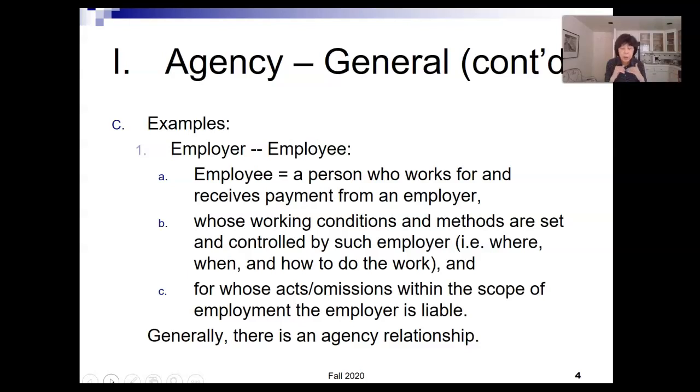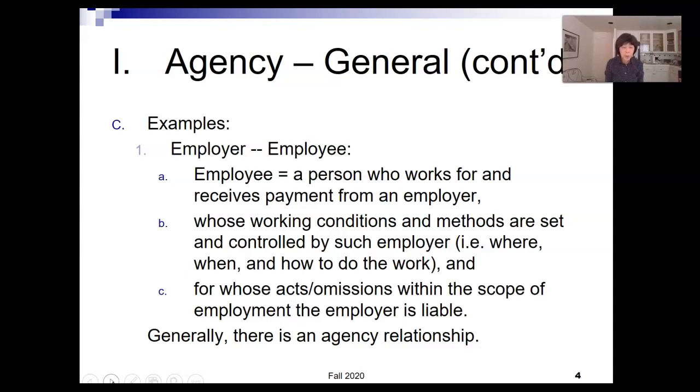Right? The employer is going to remain in control of the working conditions and where the work is going to be done, when the work is going to be done, even how the work will be done. The employer will also take responsibility for the employee's work.